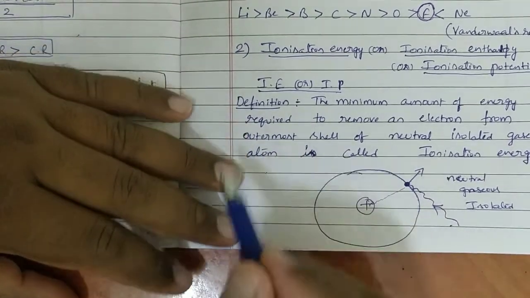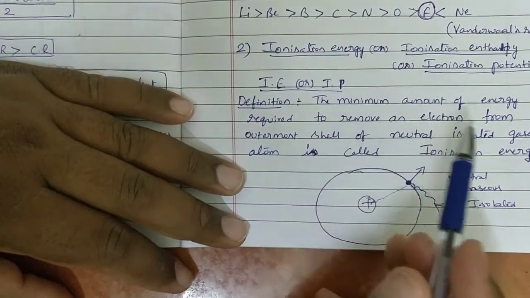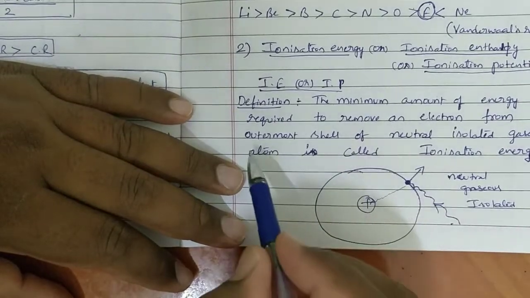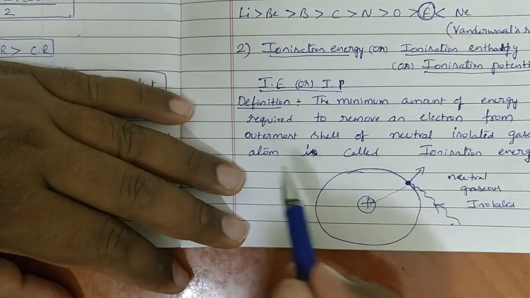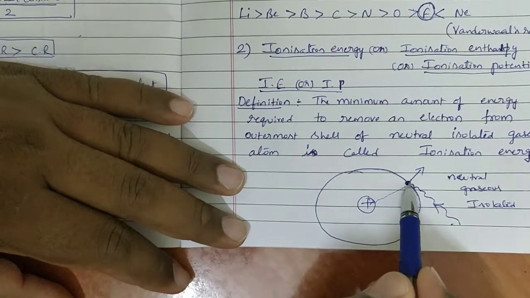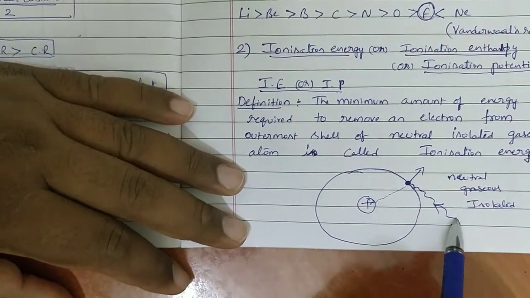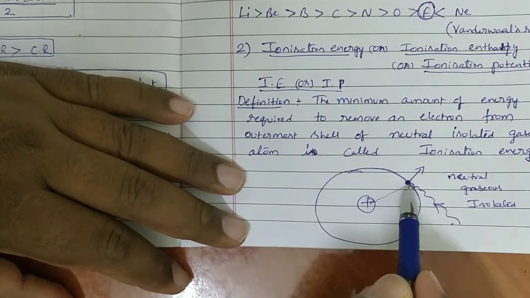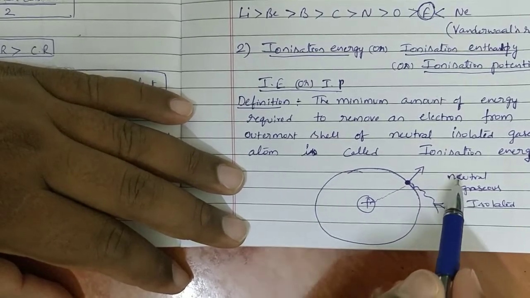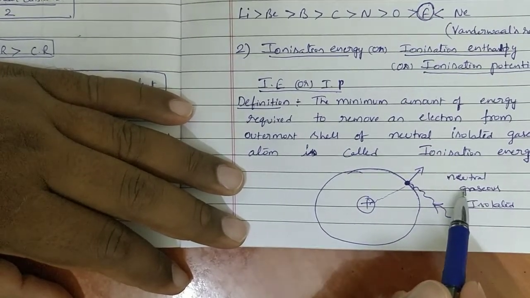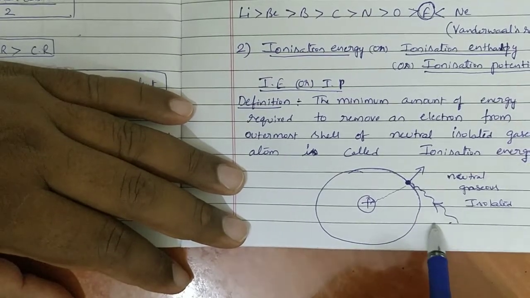Now first we are going to see the definition. The minimum amount of energy required to remove an electron from the outermost shell of a neutral isolated gaseous atom. For removing this electron present in the outermost shell, how much energy is required from outside when it is present in a neutral isolated gaseous state? That is called ionization energy.